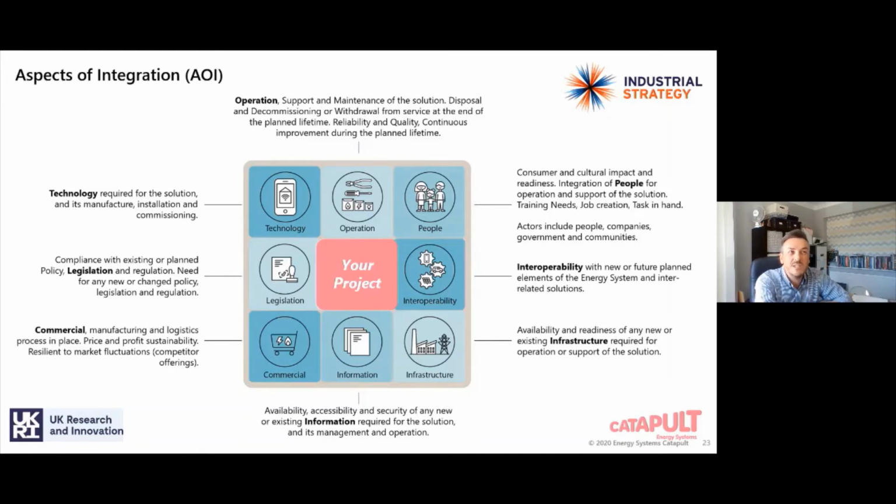What tends to happen is you could focus too much on the technology and forget about the people. The people are key to any system. You want to understand what they want, what they need, and build a system around the people, as opposed to getting the people to adapt to the various technologies. There's also operations, interoperability, and information, which is another important element that we're going to touch on today, around the data space.